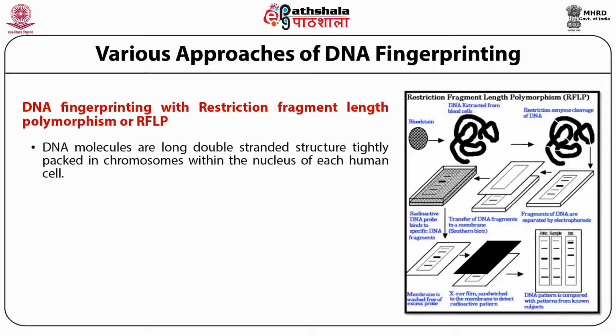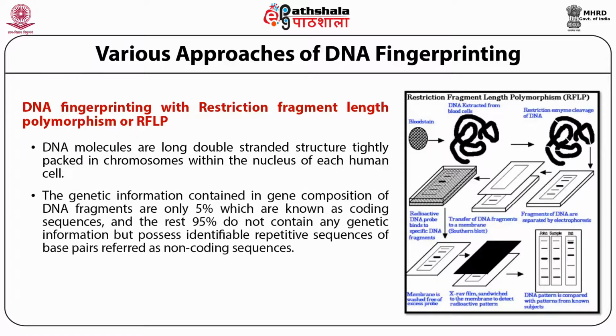DNA molecules are long double-stranded structures tightly packed in chromosomes within the nucleus of each human cell. Within each DNA strand, a number of genes are present which determine the specific characteristics of the individual.